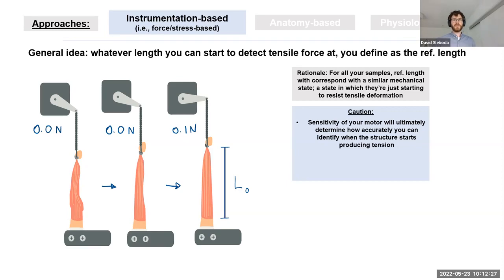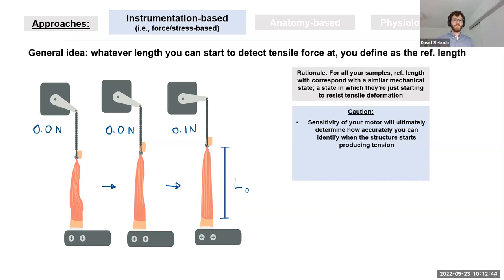So when you do this approach, you're not really putting your sample at the point where it starts to develop tensile force. You're putting it at a length that corresponds with this somewhat arbitrary force that is defined by the sensitivity of your motor.